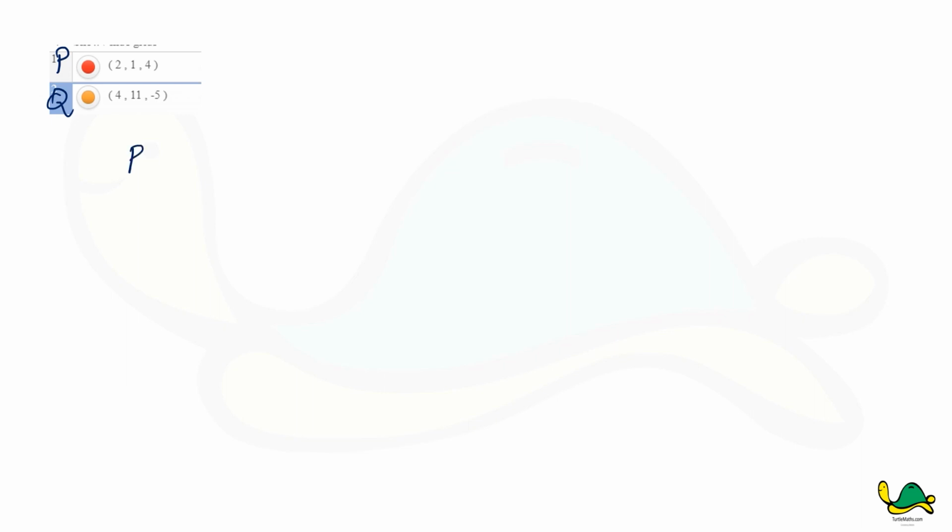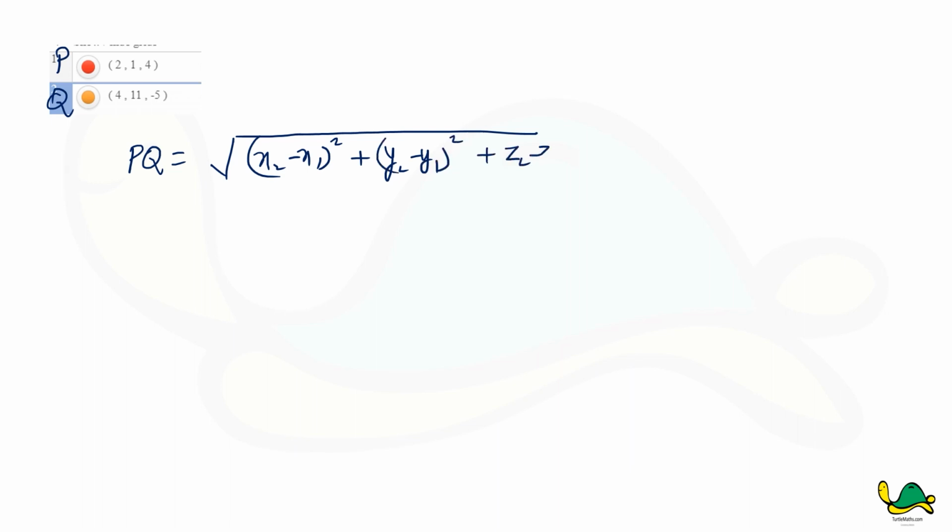So PQ can be given as the square root of (x2 minus x1) whole square plus (y2 minus y1) whole square plus (z2 minus z1) whole square. We can assume the coordinates of P are x1, y1, z1, and coordinates of Q are x2, y2, and z2.